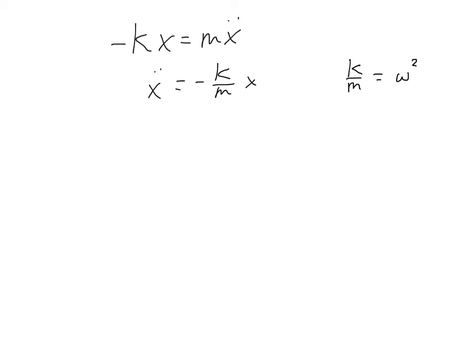Now, it seems a little bit odd that I would make it equal to some variable squared, but I can make this whatever I want, so you can't stop me. More importantly, you'll see that it'll become more useful later on. If I plug that in, I get x double dot is equal to minus omega squared x, and omega squared, remember, is just some constant.